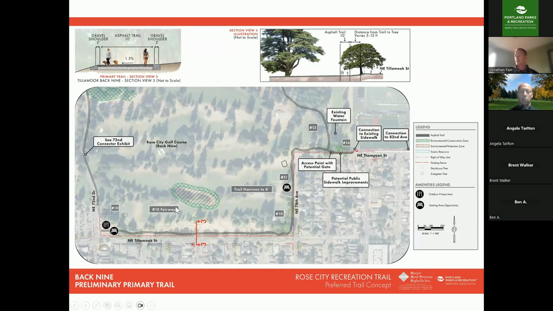We had that outdoor fitness area on this eastern portion of the course, but what we heard from community members and from the focus groups was that folks really wanted us to keep those types of amenities out in the open where people could be seen, and so people couldn't loiter in areas that were less visible, just for safety reasons.